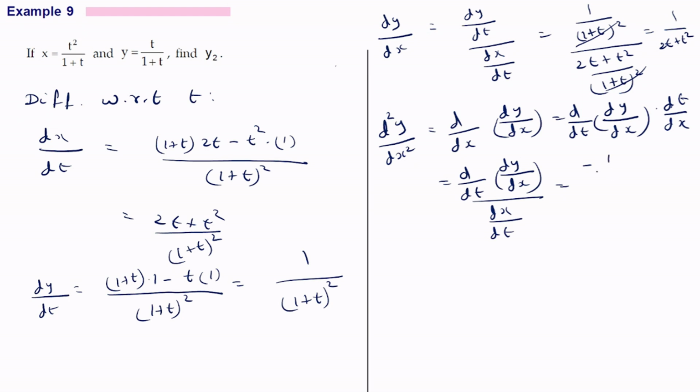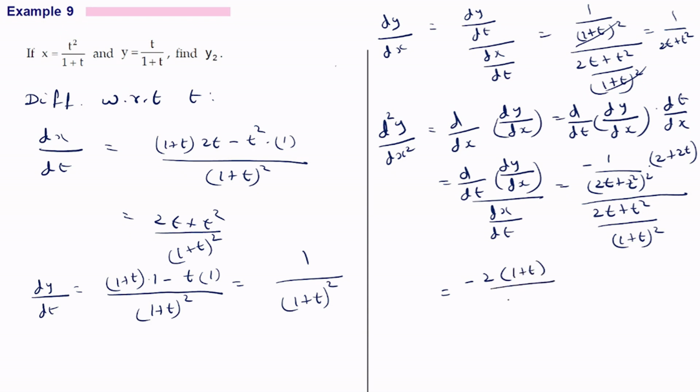Using chain rule, it is minus 1 by 2t plus t square the whole square into 2 plus 2t, upon dx by dt, which is 2t plus t square upon 1 plus t the whole square. So this is minus, 2 is common, let us take it outside, into 1 plus t upon 2t plus t square the whole square into 1 plus t the whole square upon 2t plus t square.